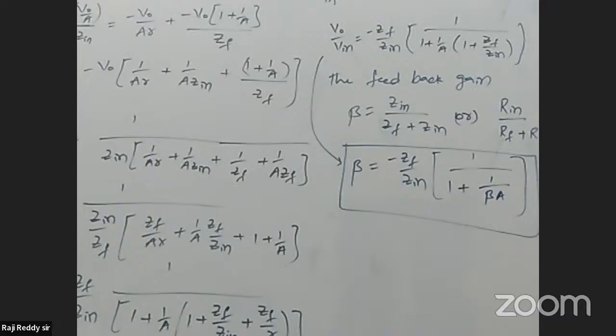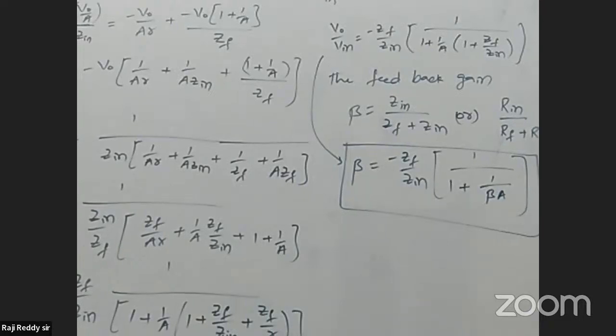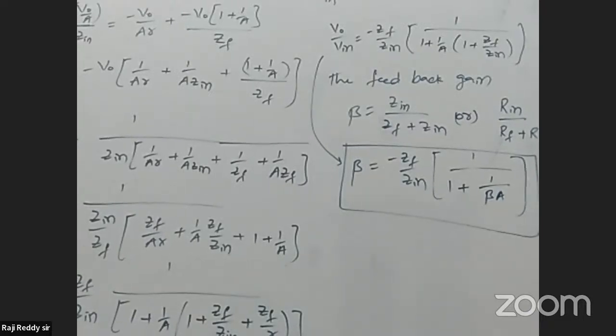Then revise the non-inverting configuration explanation part yourself, and the difference between inverting and non-inverting operational amplifier configurations. The next I'll start in tomorrow's class, same time, from unit 10 onwards: open loop frequency response, closed loop frequency response.